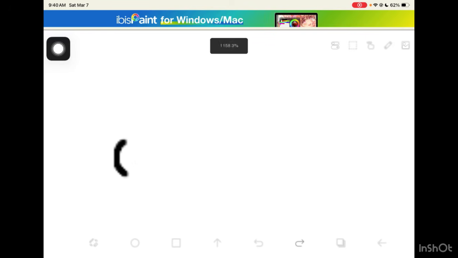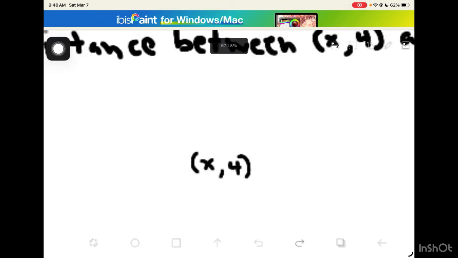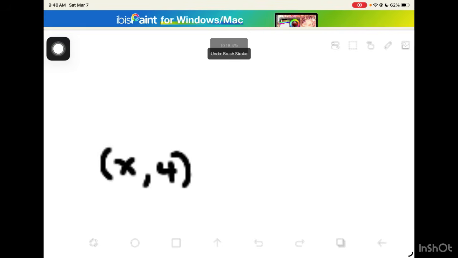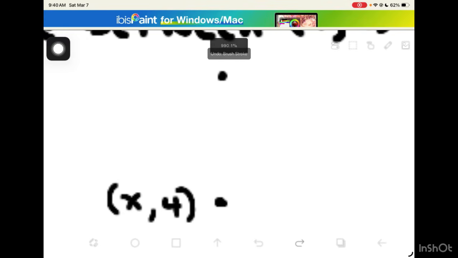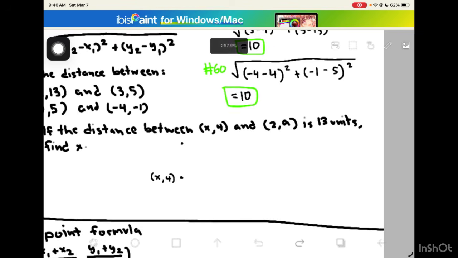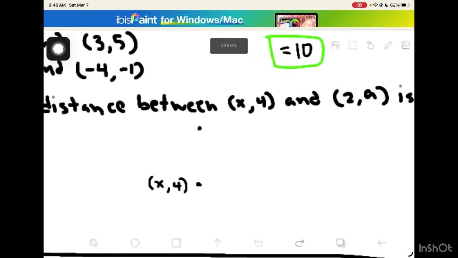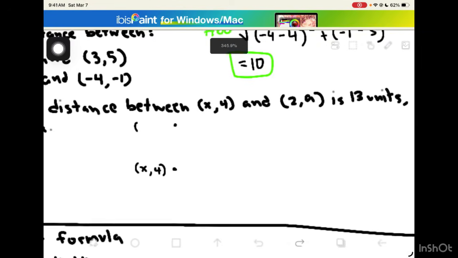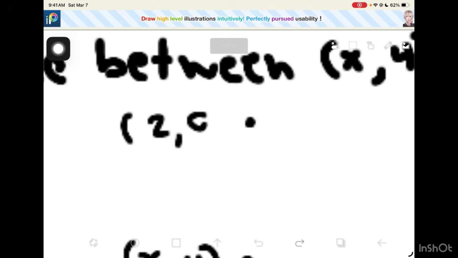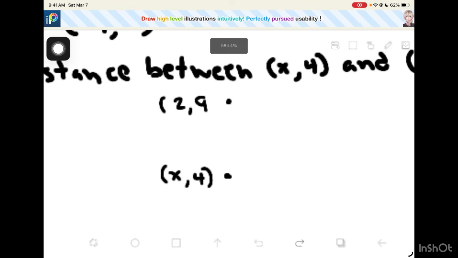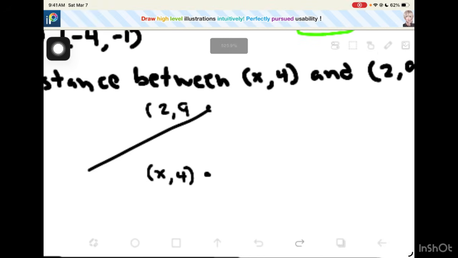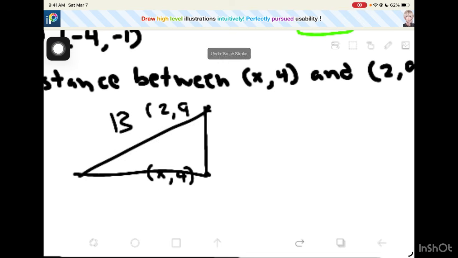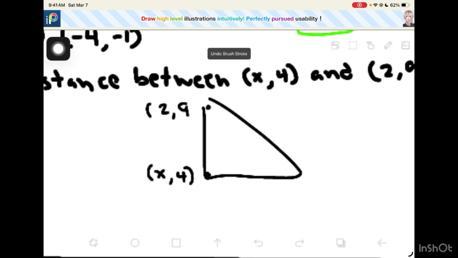We know this is x,4, right? And our y coordinate is 5 units above that, because this is 2,9. We need to find two solutions here, because either way this will equal 13. So this triangle will equal 13, and this triangle would also equal 13.